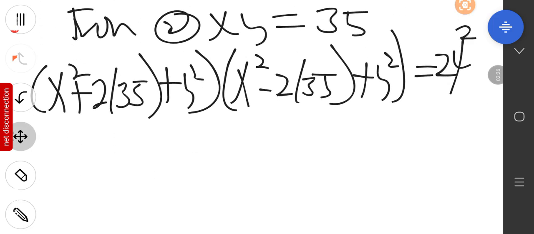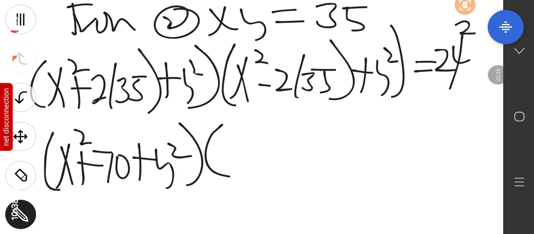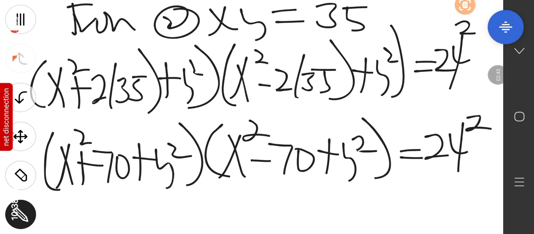So our equation becomes x squared plus 70 plus y squared times x squared minus 70 plus y squared equals 24 squared.